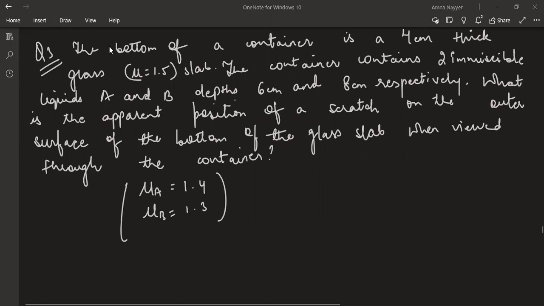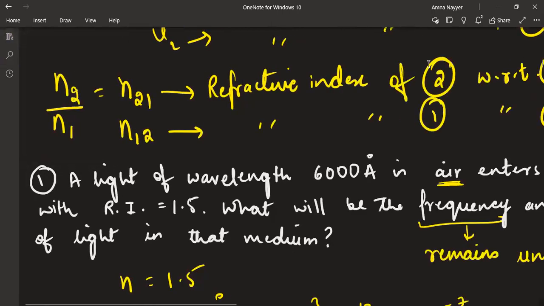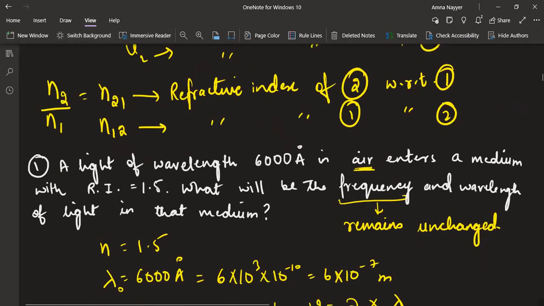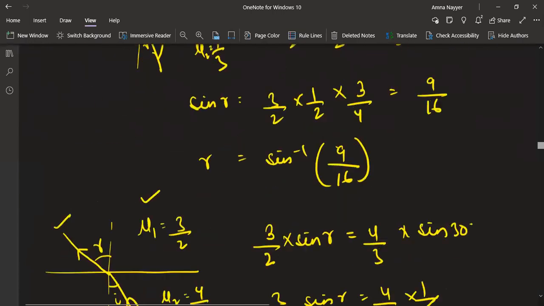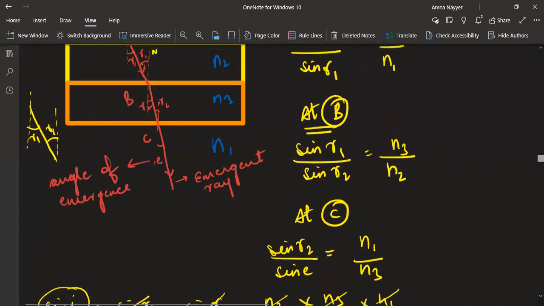See, class, here you will use the formula. We have seen the formula for the depth of it. Let me just show you. Depth of glass slabs, we had seen depth of glass slabs here.